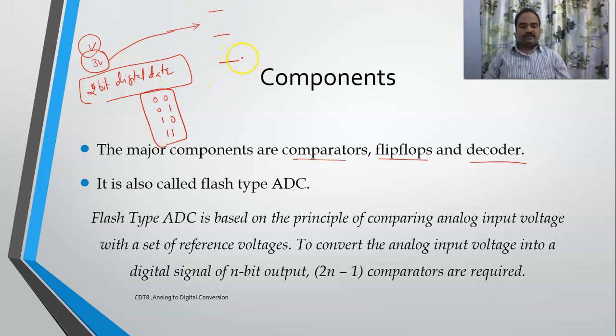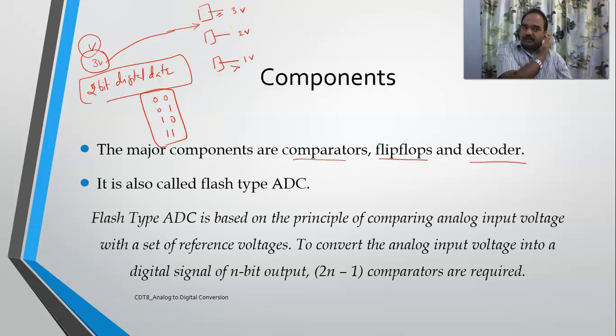Now let us suppose I take them as 1 volt, 2 volts and 3 volts, and I use comparators here, which are nothing but greater than or equal to, greater than and greater than.